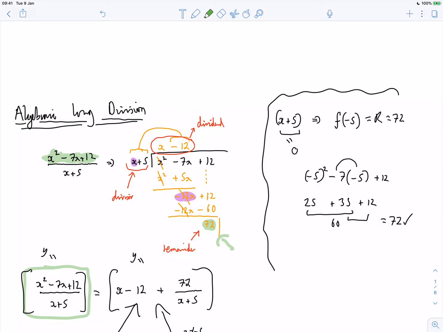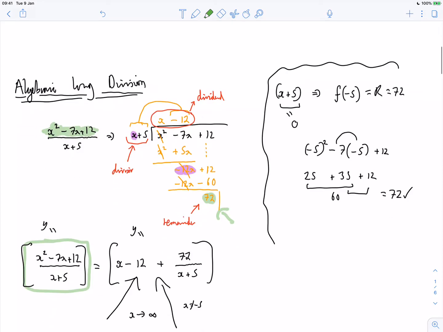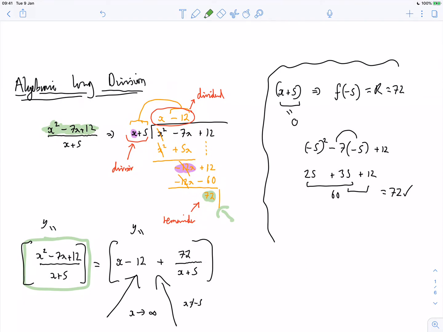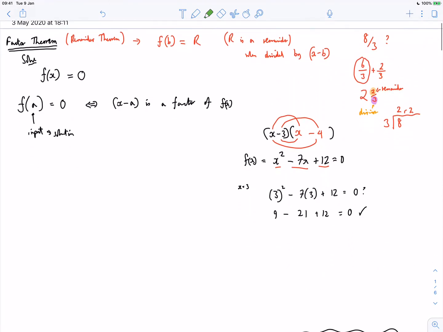And if the remainder is not 0, it's not a factor, and you can work out what the remainder is quite quickly. Now, you need to know both methods, because sometimes you might have to solve simultaneous equations where long division wouldn't necessarily be possible or useful. And that's pretty much it for the first half.